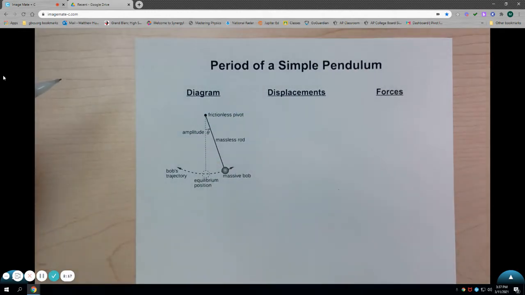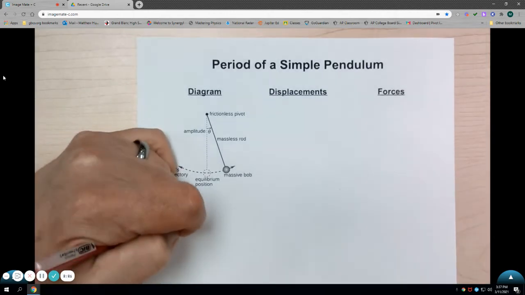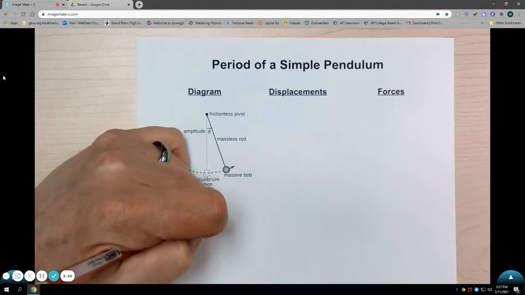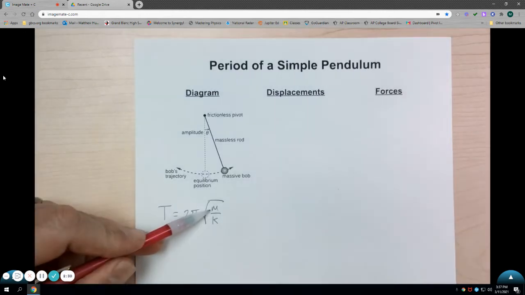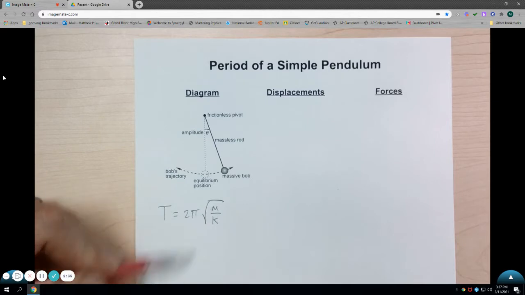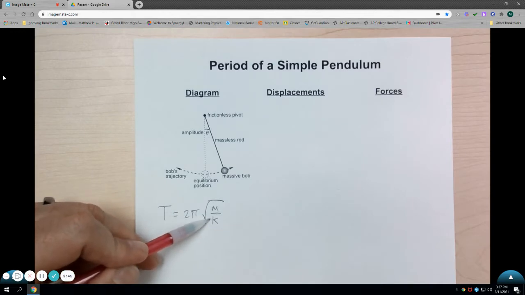Remember that the period of a simple harmonic oscillator is this, and this is generic. This is for any simple harmonic oscillator. But like I was saying earlier, why doesn't the mass matter with a pendulum? Well, it must have to do with the k value. This is indeed valid for a pendulum. It's just we need to know what the k is for a pendulum.